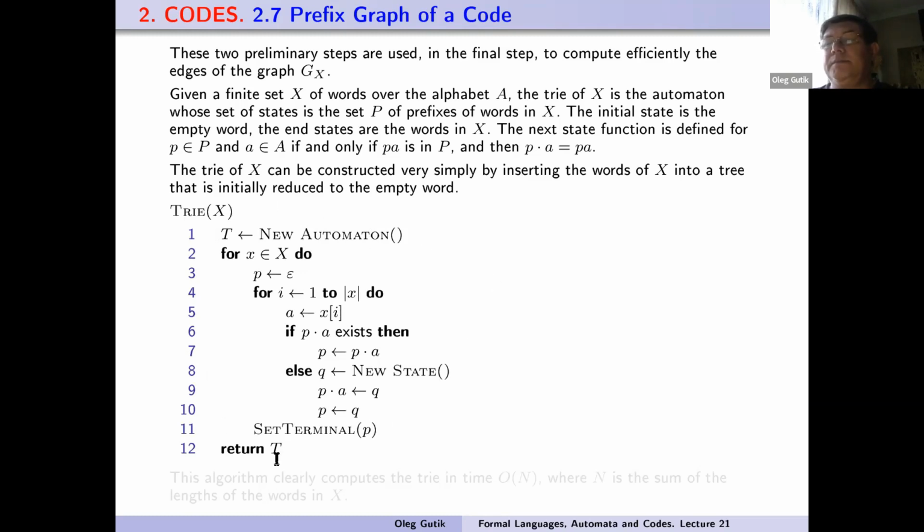Follow this algorithm for calculating the trie of X. This algorithm clearly computes the trie in time O(N), where N is the sum of the lengths of the words in the set X.